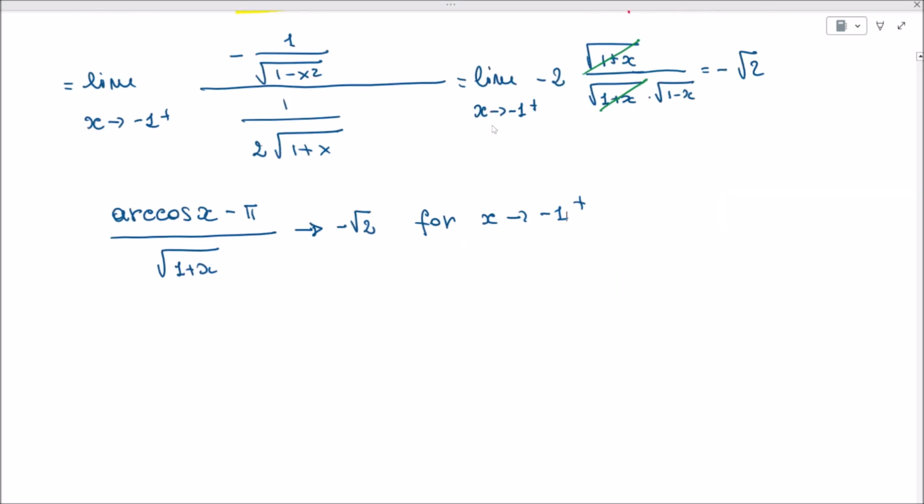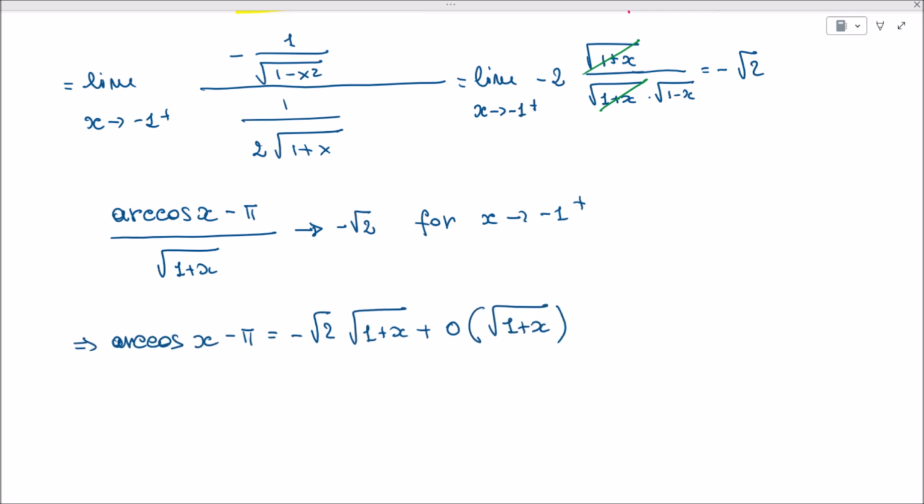But this is just like saying that the arc cosine of x minus pi is basically equal to minus square root of 2 times square root of 1 plus x plus a little o of square root of 1 plus x.